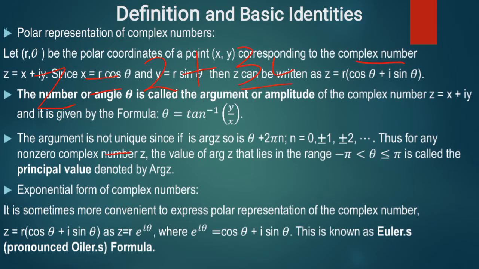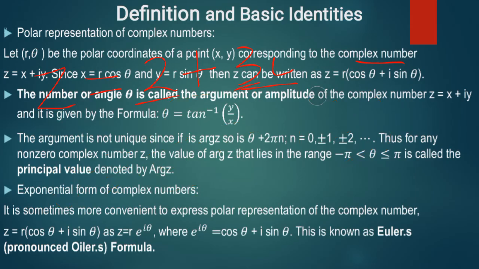Now, this is the imaginary part, this is the real part. What are you looking for? You're looking for theta equal to tan inverse, because that's what the formula says. And what's y? y is 3. And what is my x? x is 2. So you're looking for tan inverse of 3 over 2. You can use your four-figure table and get to your final answer. So that's how you find the argument of a given complex number.